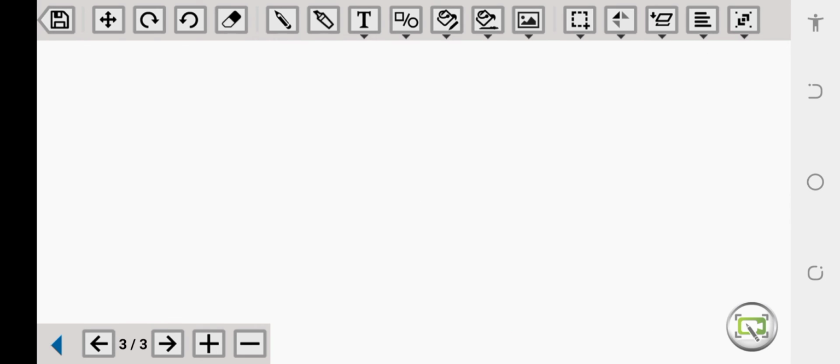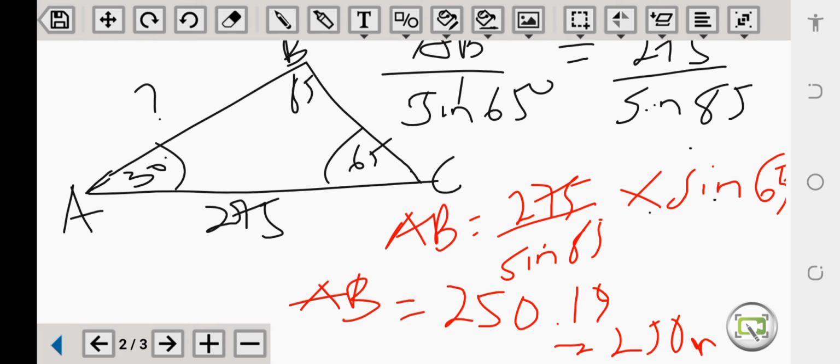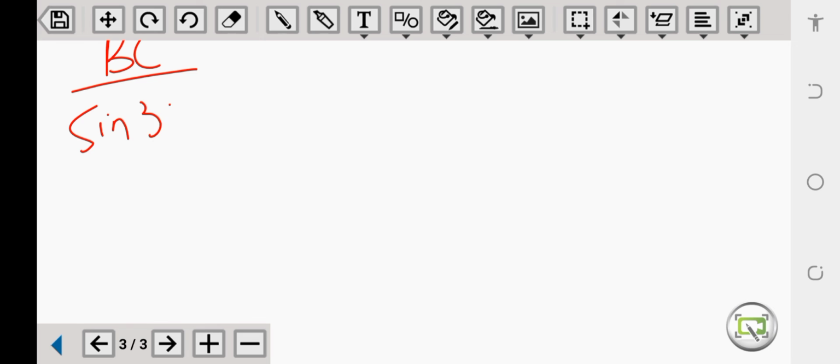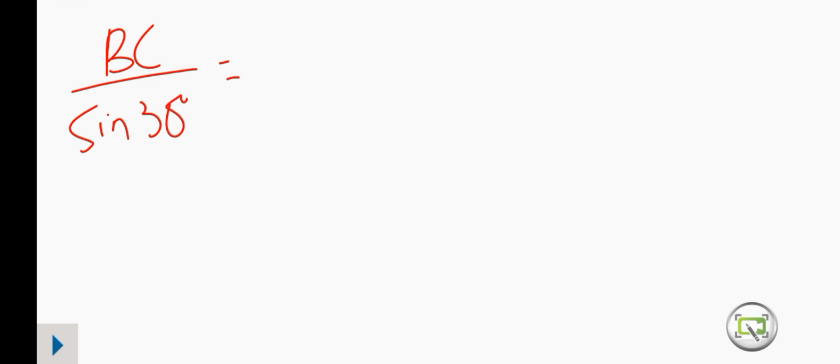Now looking for BC, we do the same thing. BC on the sine of its angle of projection, which is sine 30. So we have BC on sine 30 equals 275 on sine 85.